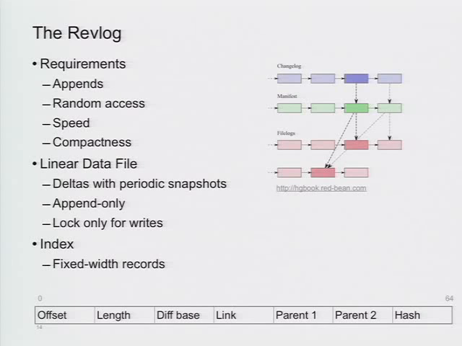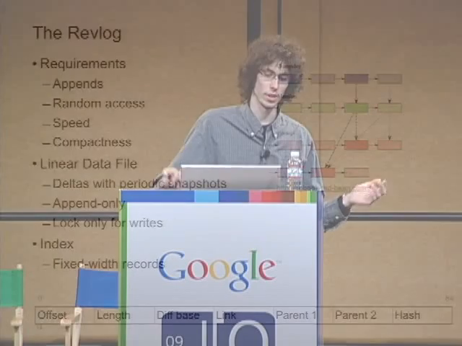So they're stored in a format called a Rev Log that is designed to meet the requirements of what Mercurial has to do, which is you have to be able to append to it because you need to add new change sets to your history. You need to be able to access it at random to, say, walk the history of a particular file or to look up a file at a particular revision. And it has to be fast and it has to be compact.